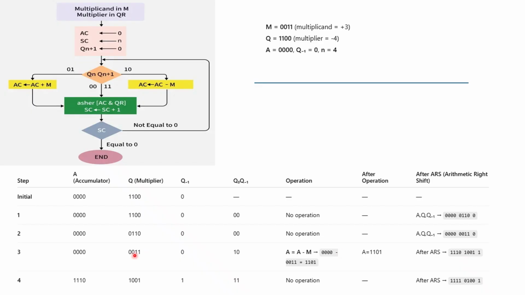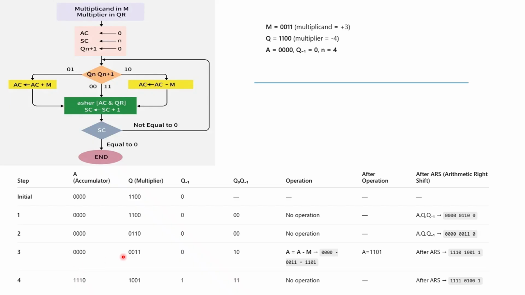Then in this position it will be 1, because this one will be shifted, that is available in this A. So now 1 and double 0. So this is double 0, and then the last 1 has already been shifted into the Q minus 1. So now 1 is there.